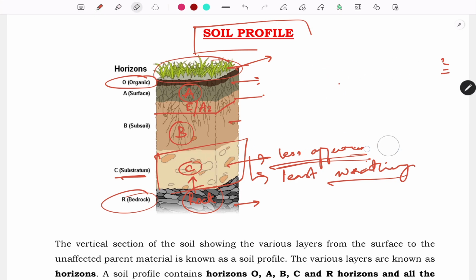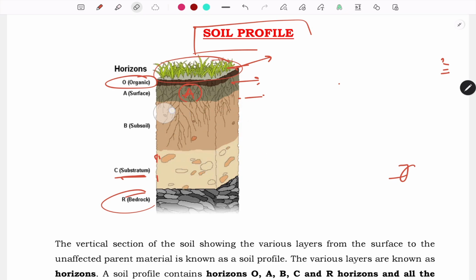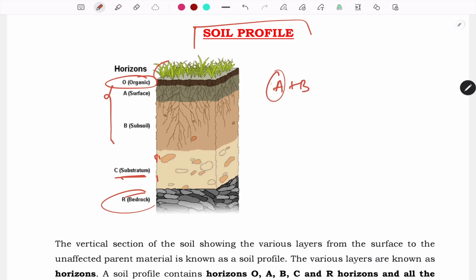Some of the important terms we can remember here: the A layer and the B layer, along with the E layer that we have discussed, these layers are cumulatively called solum.